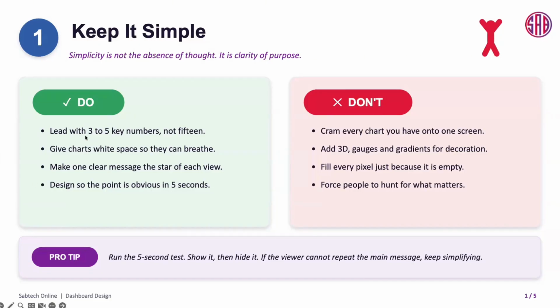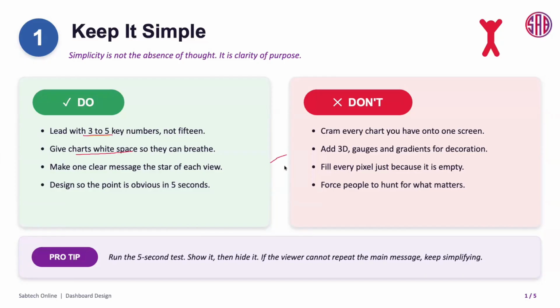Make sure that you have no more than, let me get a highlighter here. Yeah, here we go. I need a red one. So make sure that you have 3 to 5 key numbers showing on your dashboard. Keep the white spaces.